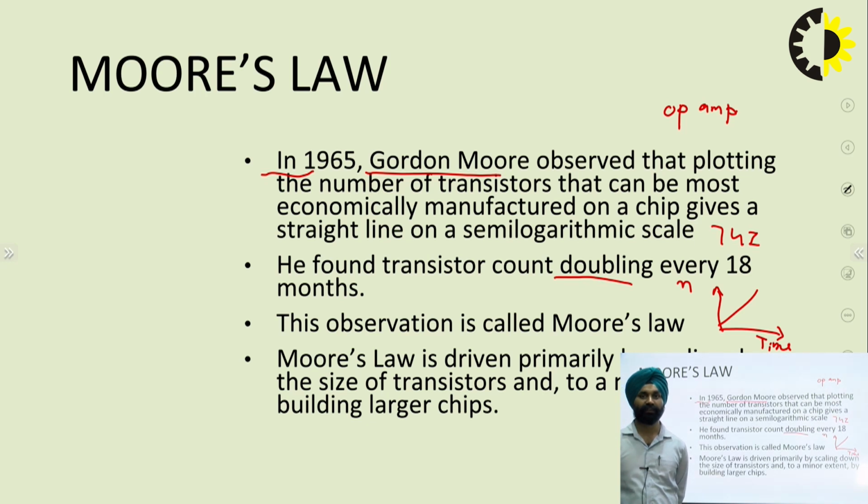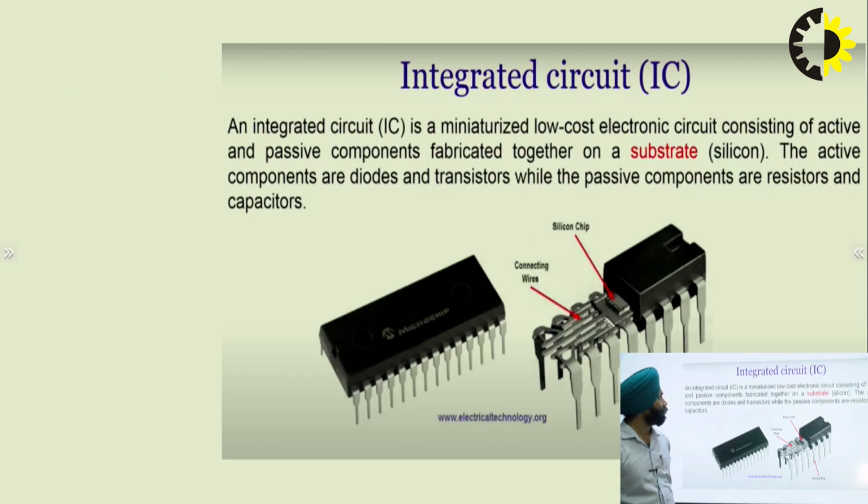As a result, the size of the IC was increasing, and the functionality of ICs was also increasing. In other words, the same IC can have reduced size with the same number of transistors.